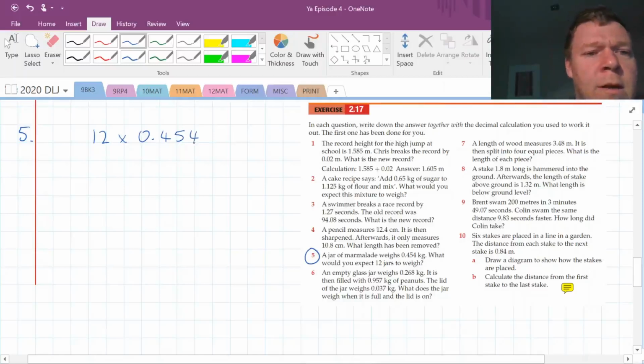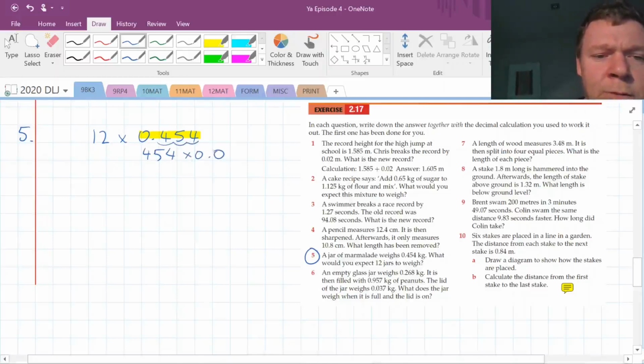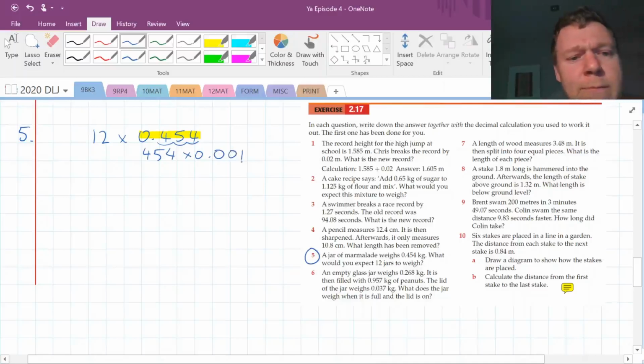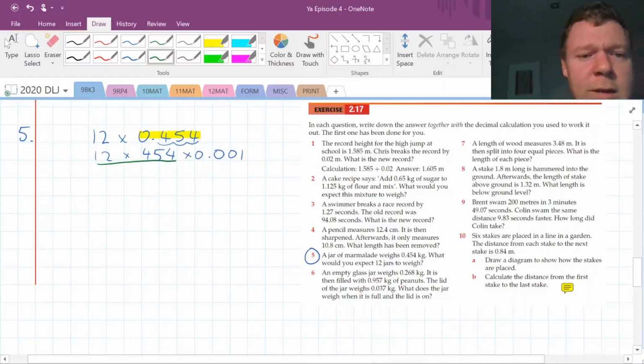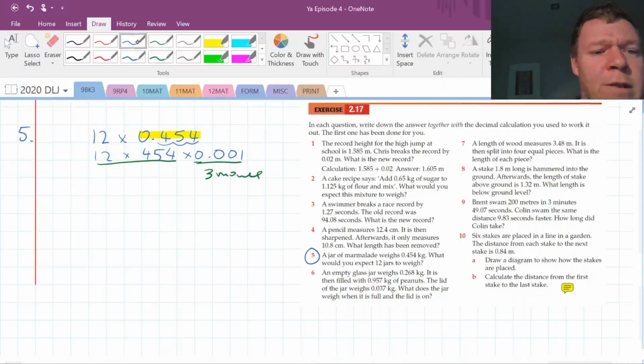Okay, so that's our decimal, and we can split that up into a 454, and we're going to move it 3 times, so we're going to have a 0.001. So what we want to do first is our regular whole number multiplication, and then we're going to move, this will be 3 moves. So let's set that up.